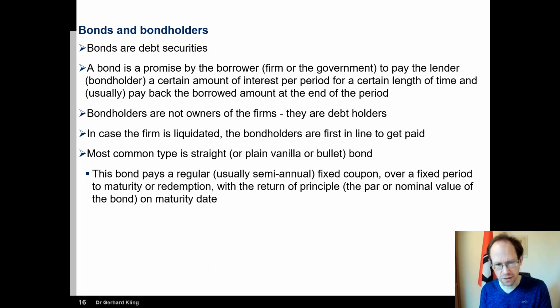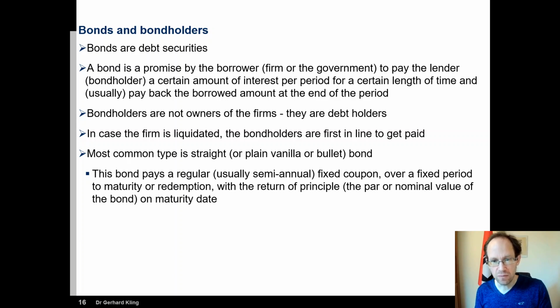In most cases, these payments are done semi-annually. So you have two payments a year. And it's also common to have a fixed period to maturity. So quite commonly might be 5 or 10 years or maybe a little bit longer.